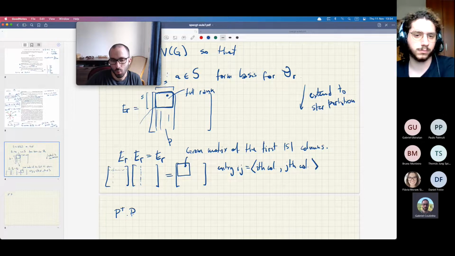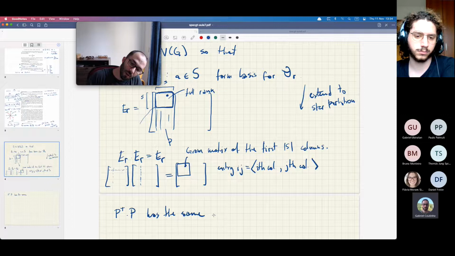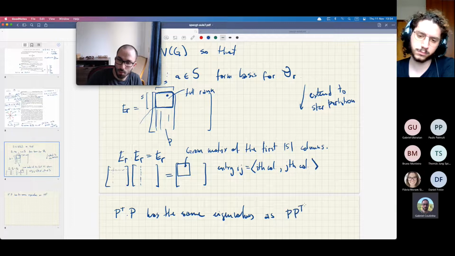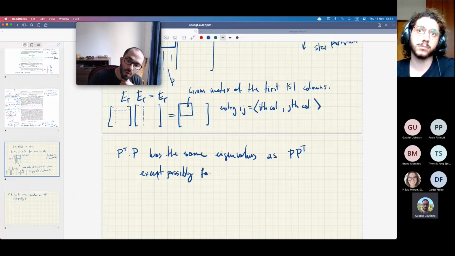And this allows me to say that these have the same eigenvalues as PP transpose, except possibly for 0. So what's happening here?